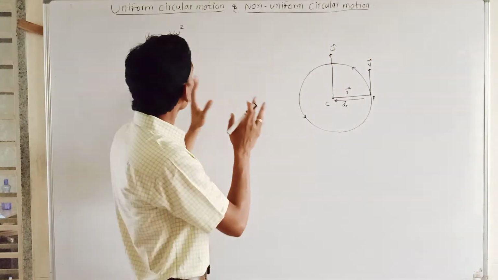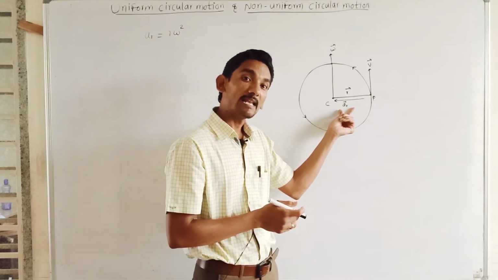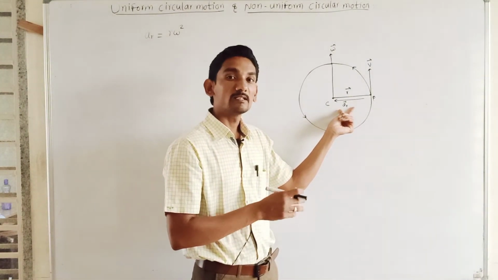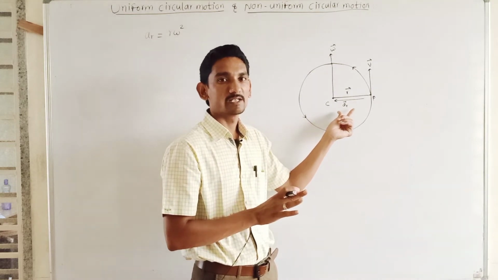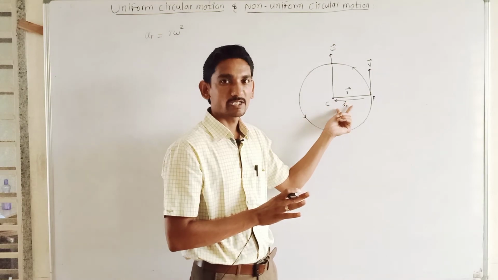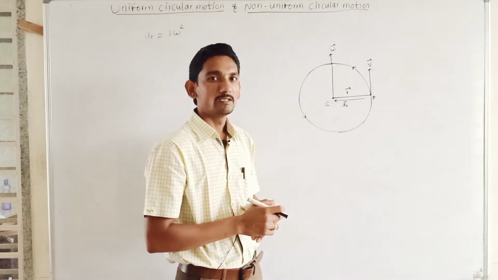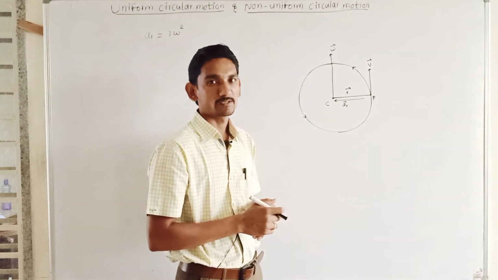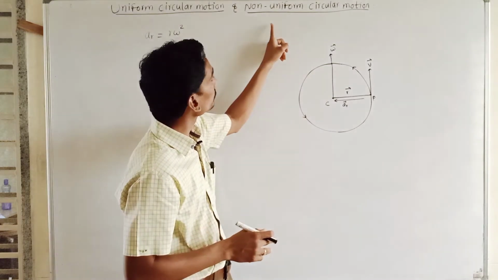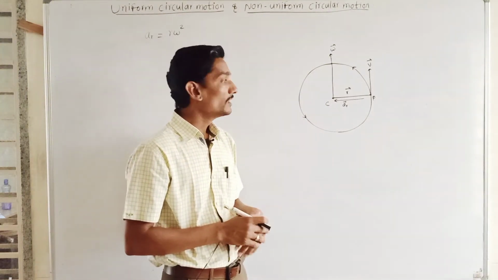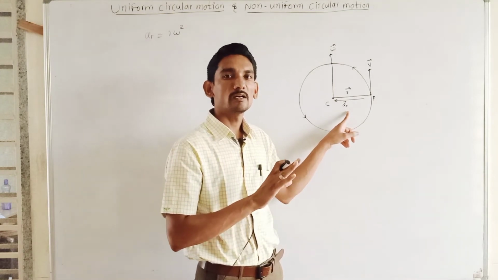In uniform circular motion, the magnitude of radial acceleration remains constant. Centripetal or radial acceleration in UCM, uniform circular motion, always remains constant because the magnitude of velocity is constant. But in non-uniform circular motion, the magnitude of radial acceleration does not remain constant.